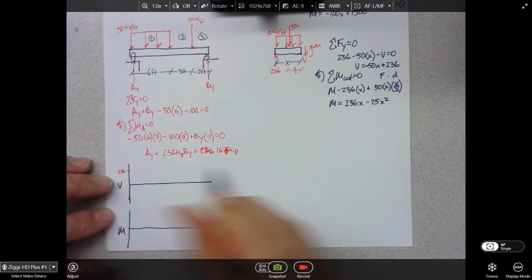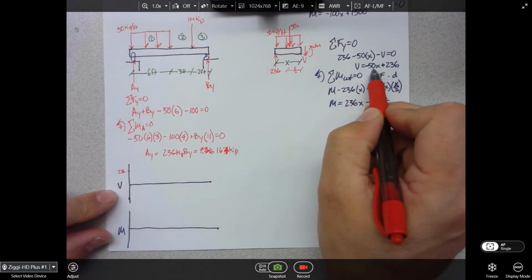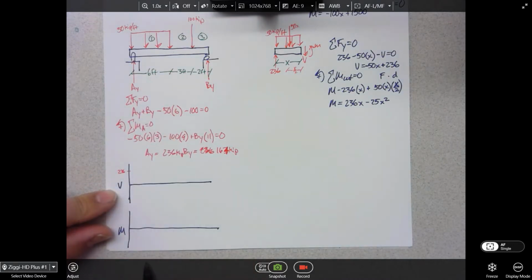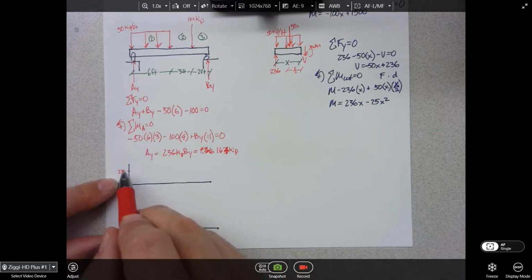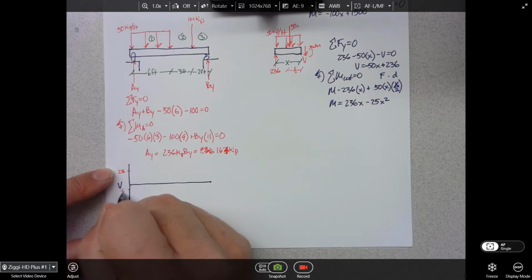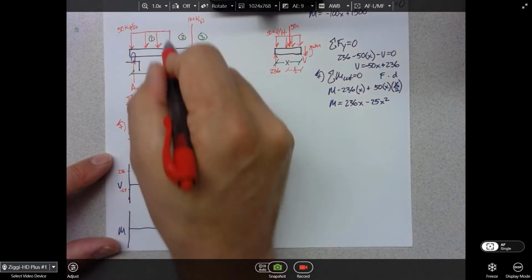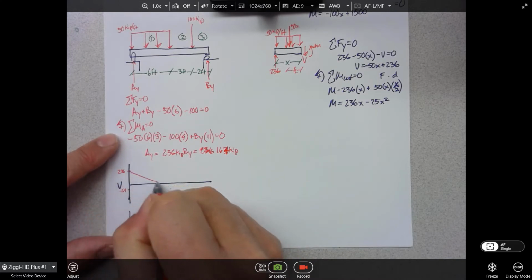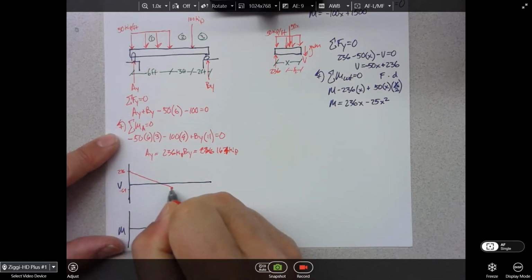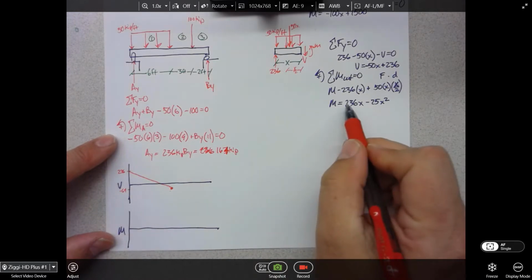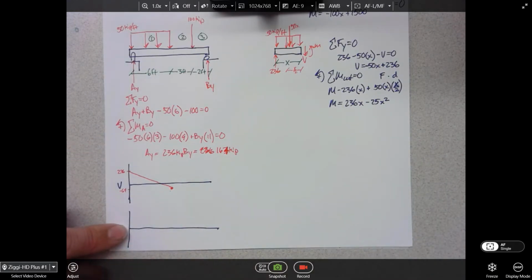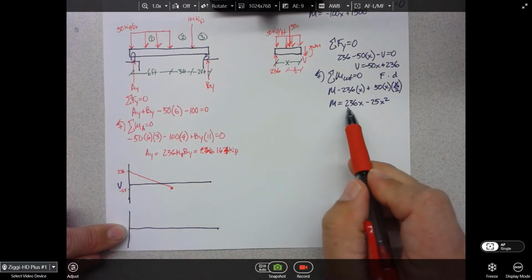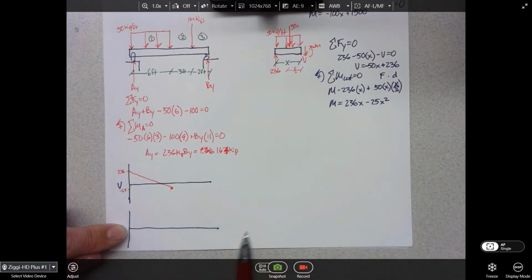Then we go down at 50 and across 6. 50 times 6 is 300, so we go from 236 to negative 64, I believe, as we go across 6. We end up about here, something like that.